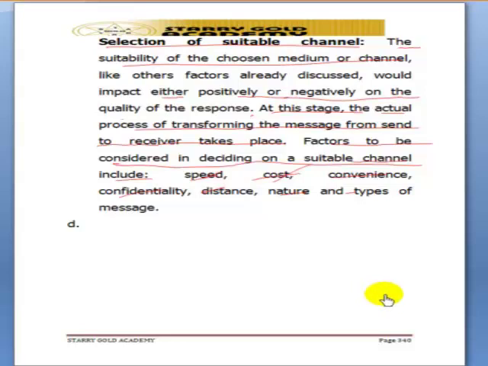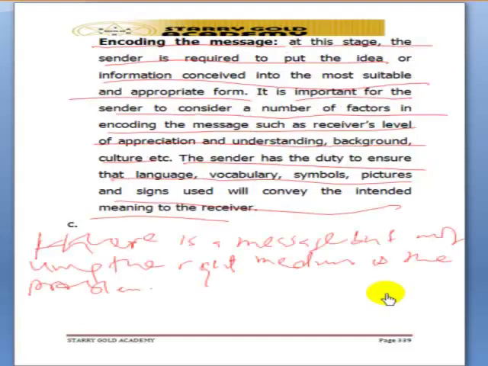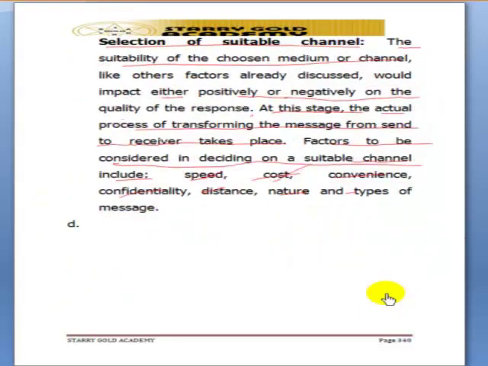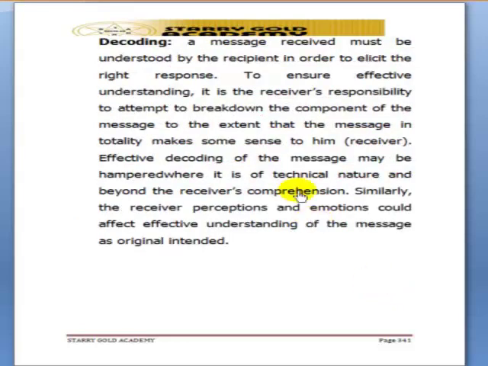We have talked about the encoding of the message, and we have talked about a suitable channel of communication. And the next one is the decoding of the message, which is the fourth one.